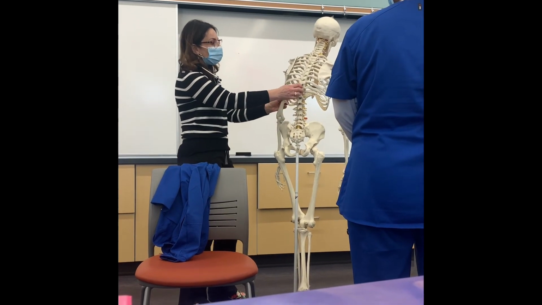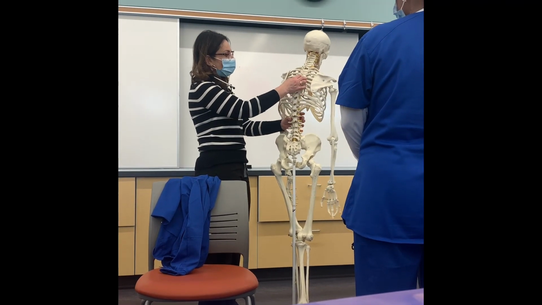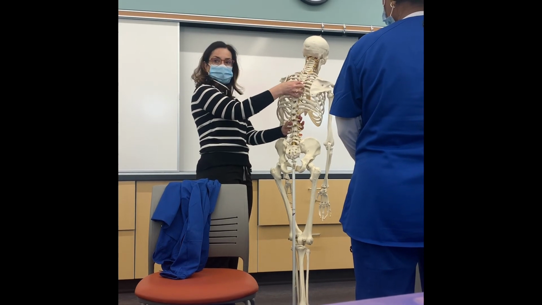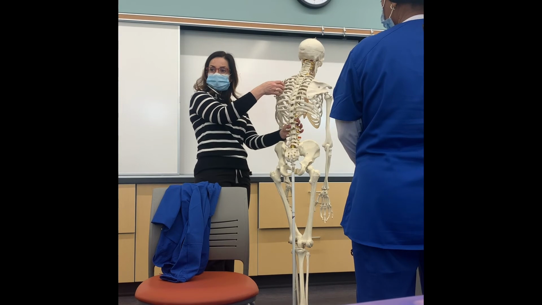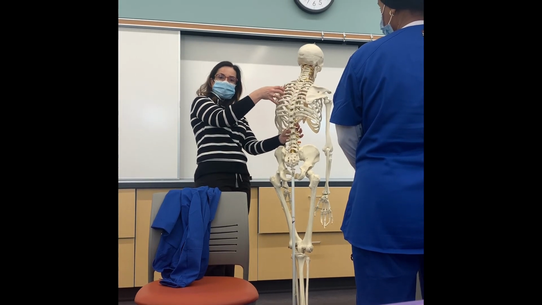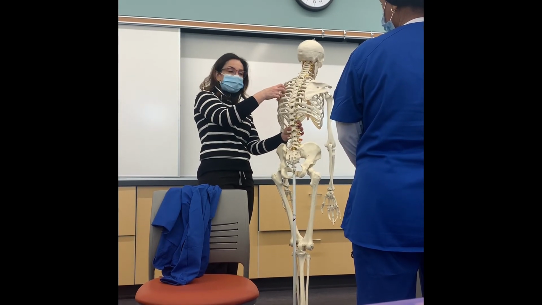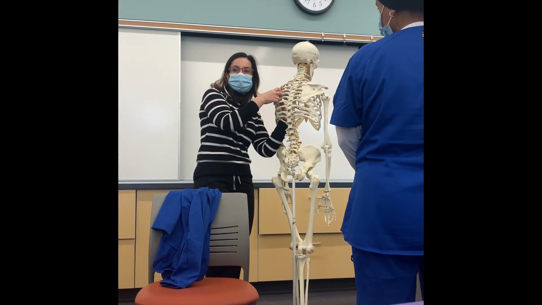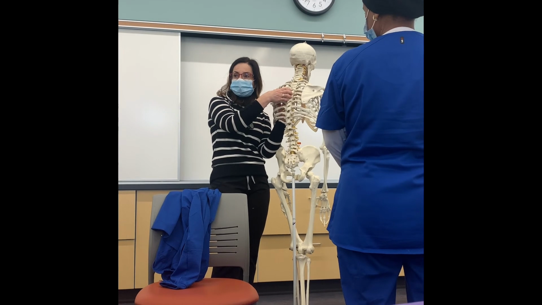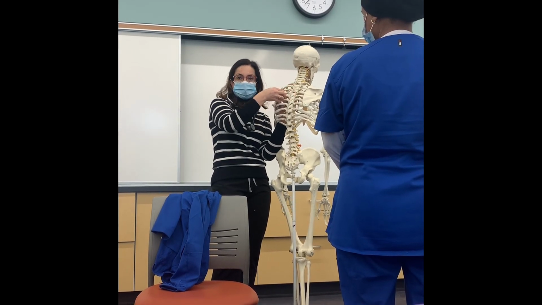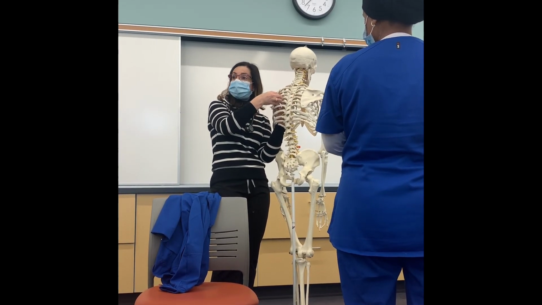So think about this spine, but this portion of it is shifted to the left or the right, so the whole thing just comes this way. Think about my lung in here and what's happening to my lung on this side if the spine is all the way here. It's getting squished.